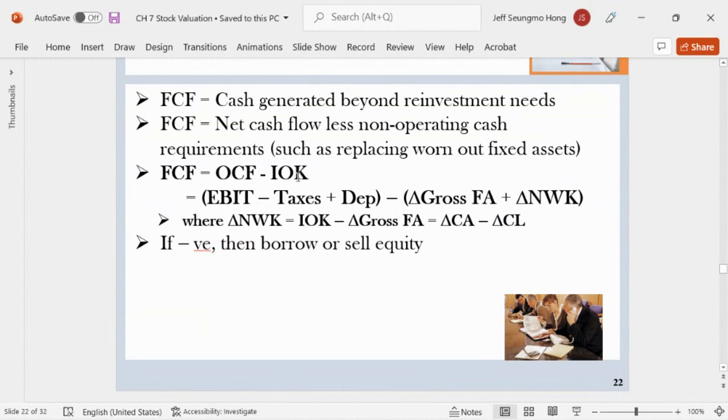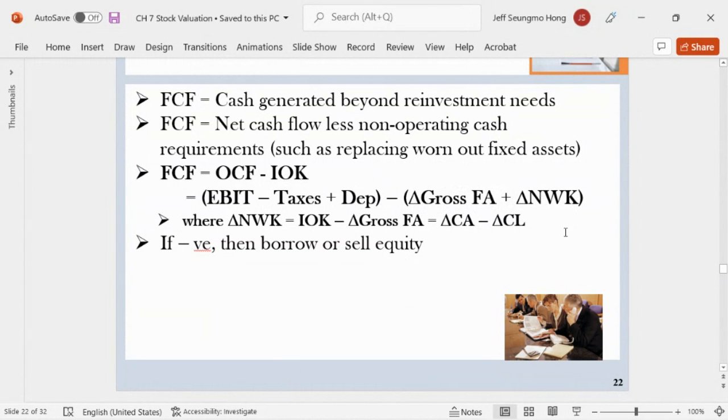And then, investing in operating capital. Operating capital means what? Physical capital, of course. Physical capital is called fixed assets. So gross fixed assets and net working capital. What's net working capital? You remember, current assets minus current liabilities.